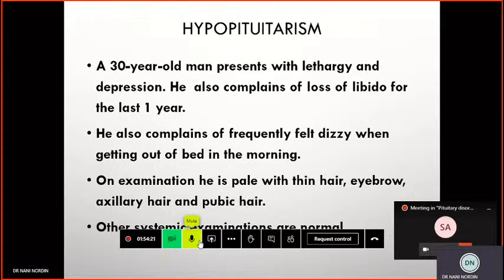It has a permissive effect on the epinephrine and norepinephrine as well, so that is more of a sympathetic effect. So decrease in sympathetic, but another one is some mineralocorticoid effect of glucocorticoid. Okay, pale, thin hair, eyebrow.